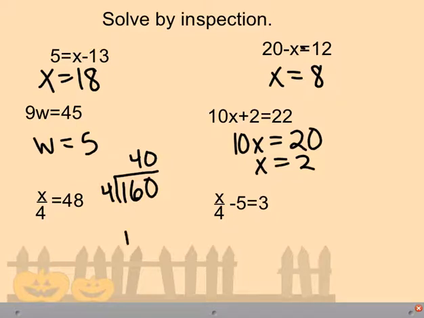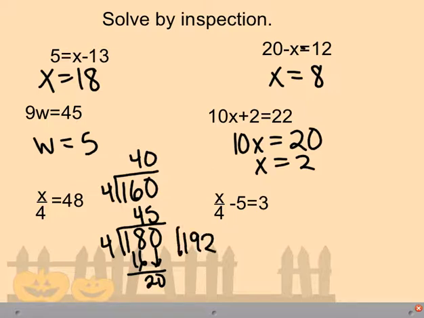How about 180? 180 divided by 4: 4 into 18 gives me 4, 16, I have 2 left over, and that gets me to 45. I'm getting closer. I need 3 more, so that means I need 192. 192 divided by 4 gives me 48. So x has to be 192. That's the only number that when divided by 4 gives me 48.